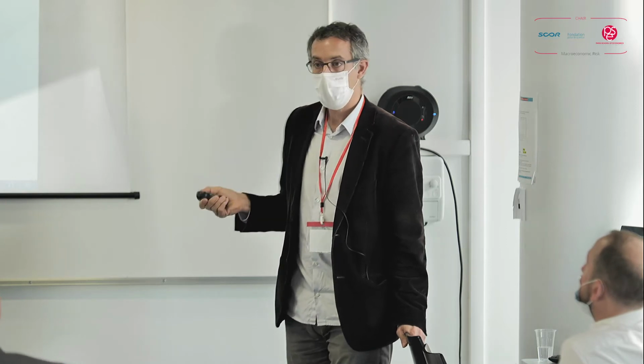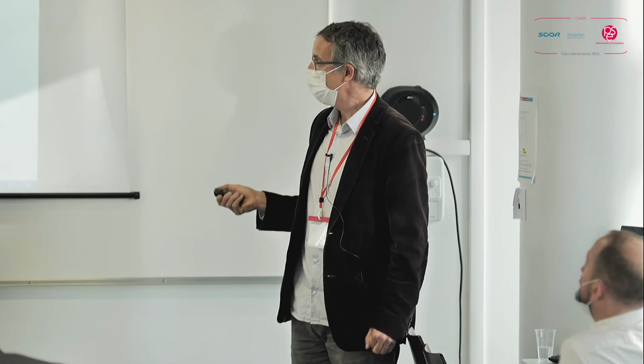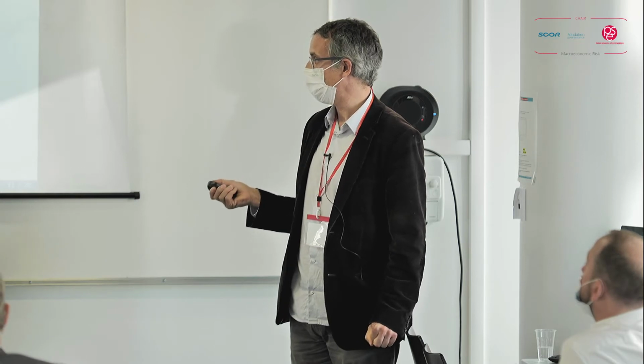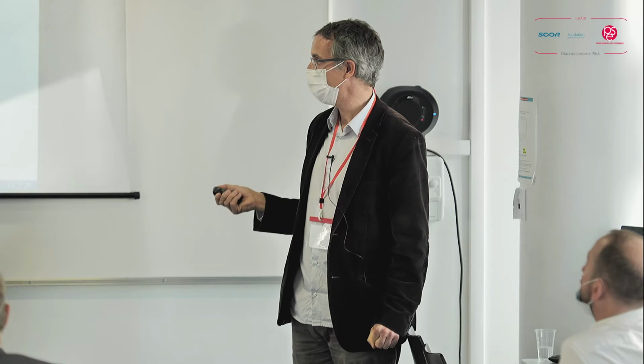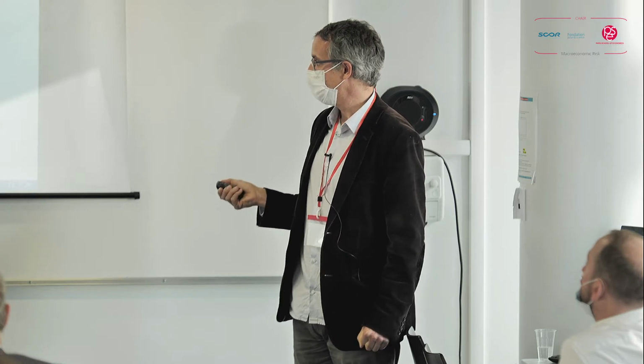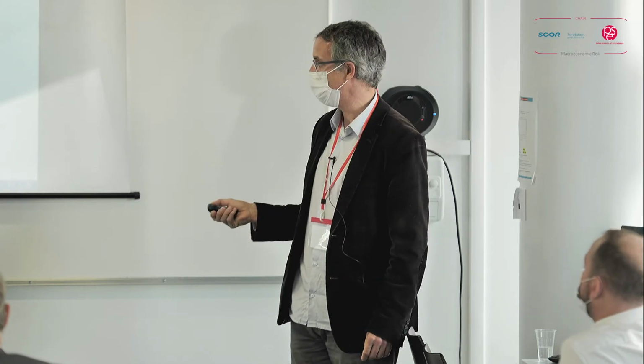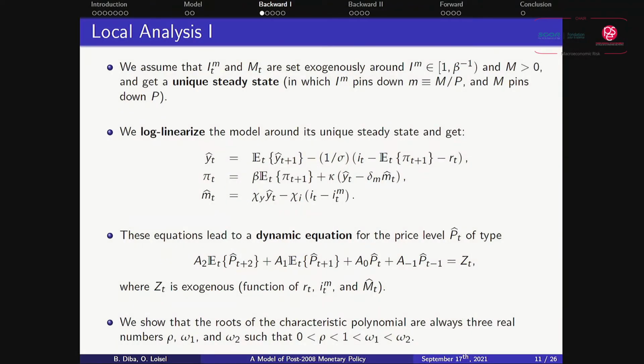Now, if you combine these three equations here, you get a dynamic equation for the price level, PT, of that kind, with two non-predetermined variables. ZT is the exogenous driving term. It's a function of the discount factor shock, RT, and the two policy instruments.